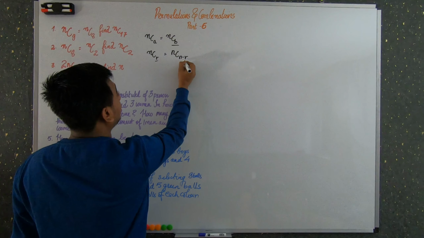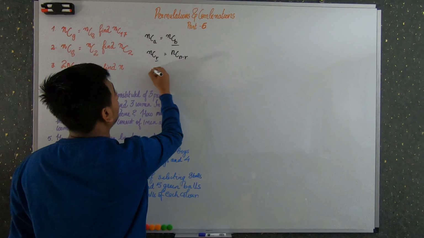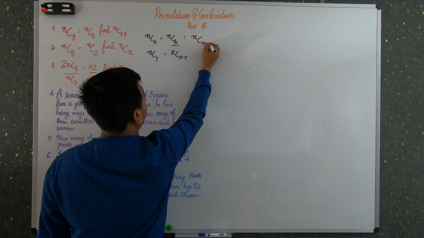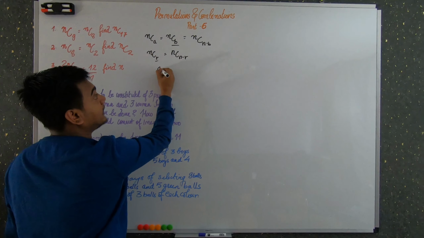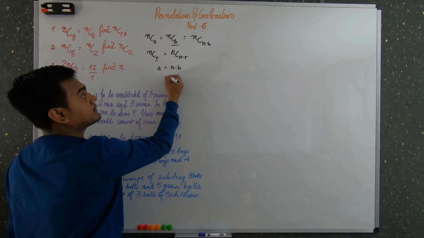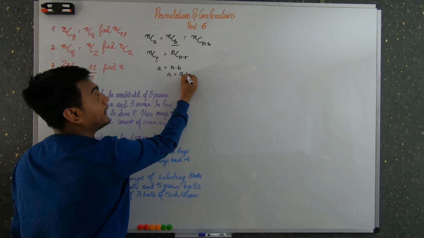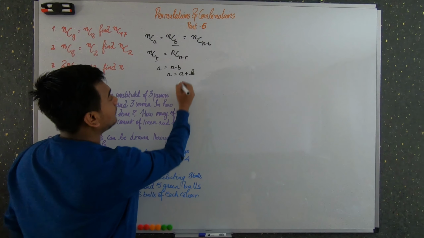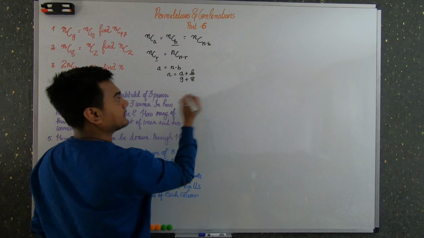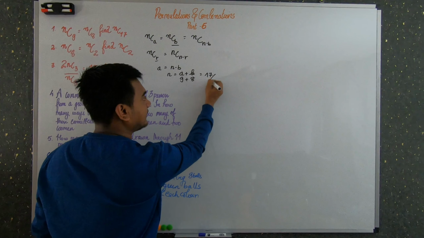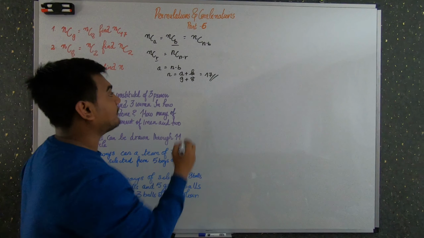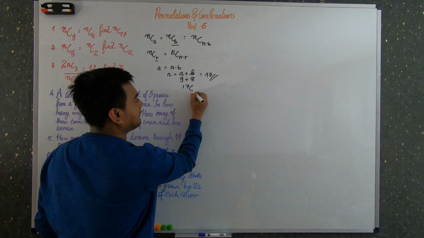That is, r is the same as n minus r. So we can also write this as nC n minus b. So a is equal to n minus b, then n is equal to a plus b. What are a and b here? 9 and 8. So what is it? 17, right? So what we have to find is nC17, that is 17C17.